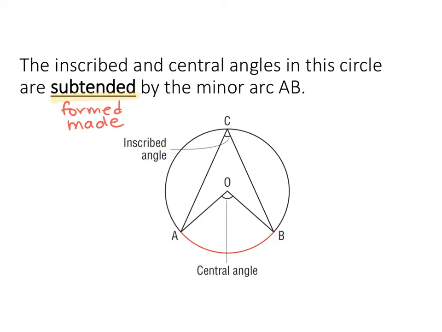So when I say the inscribed and central angles in this circle are subtended by the minor arc AB, all I mean is that the inscribed and the central angle are formed by arc AB. So it tells you what arc on the circumference is creating the angle. So if you see that word in a question, don't let it freak you out. Now you know what it means.